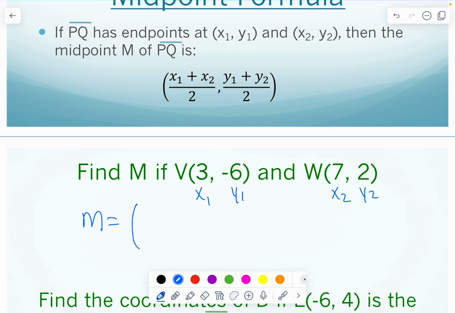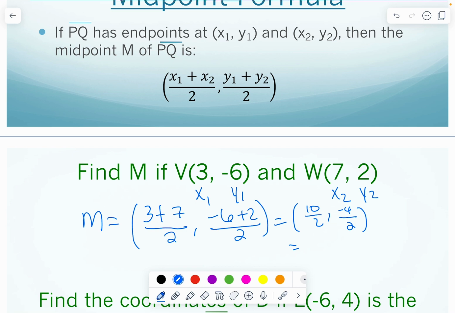So then I'm going to do x1 comes first, so it's going to be 3 plus 7 all divided by 2, comma, and then I do have my second coordinate, -6 plus 2 all over 2. If I'm doing this, I get 10 divided by 2, -4 divided by 2, which gives me 5 and -2. That would be the midpoint of the segment.